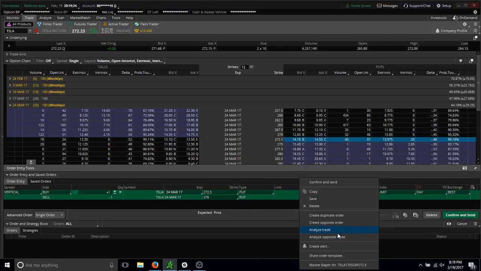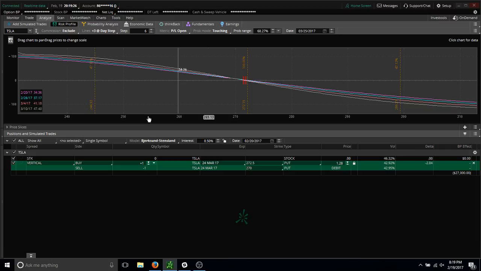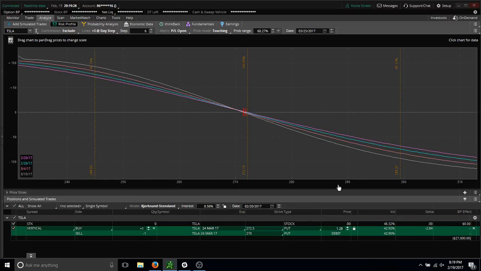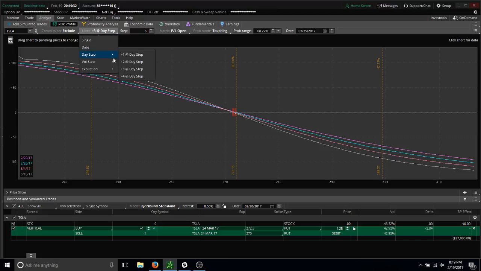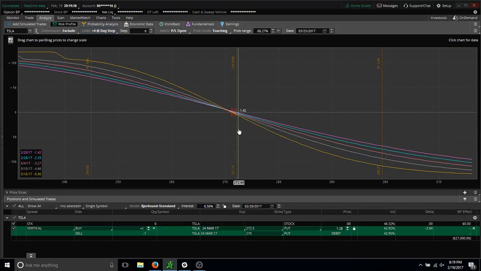And then we can actually analyze this one real quick. So this is opposite now because this is a put spread. So as it goes down in price, let's say it goes down 12 bucks.